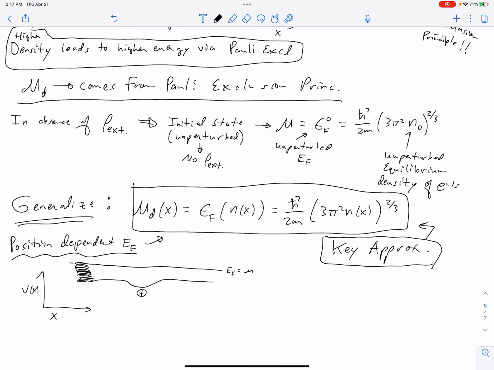But now in this vicinity, we have a higher density.